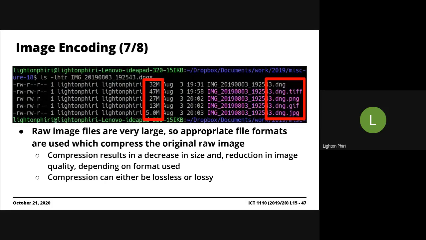And so to ensure that you don't run out of space, your average device manufacturer will implicitly compress the raw image file. So that would be your .dng file. So typically this would be compressed either in PNG or JPEG, for instance, right?